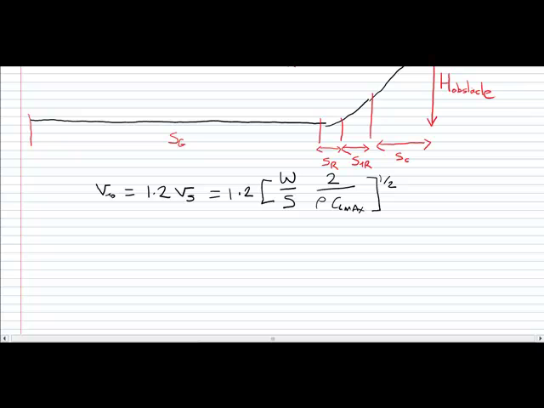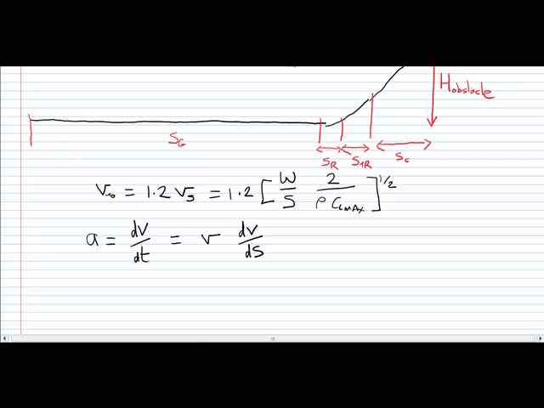Now let's specifically consider the ground roll phase. Now we know that we can write acceleration as being the rate of change of velocity, but we can pretty quickly also show that this is exactly the same as v times the rate of change of velocity with distance, or v dv/ds.